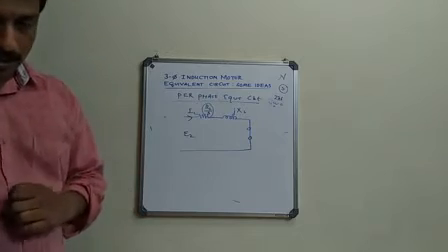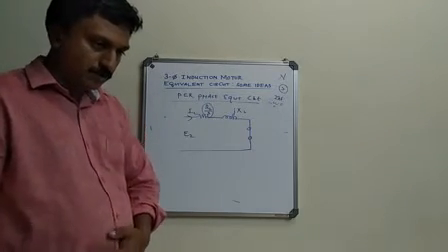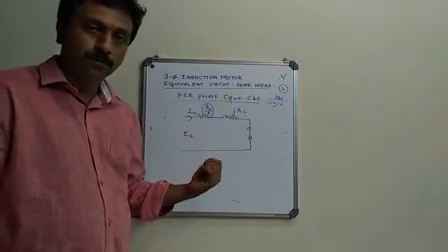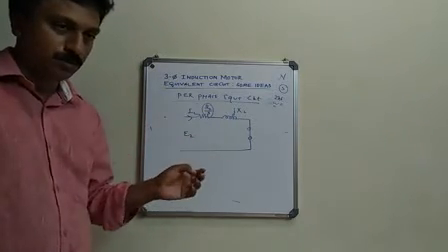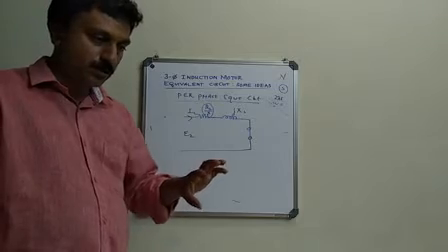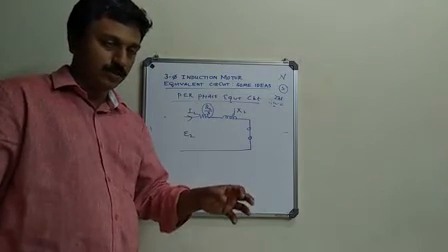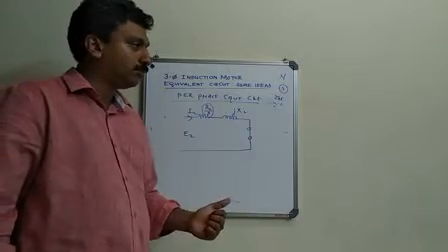Now at this stage, I am trying to relate it to the power. What is happening? Eventually the power is transferred to the load from the rotor. The rotor shaft is mechanically coupled to some load.